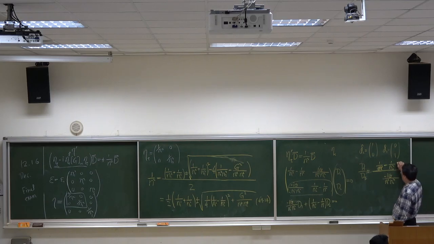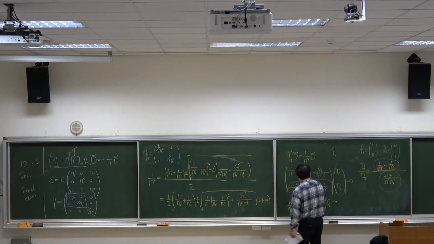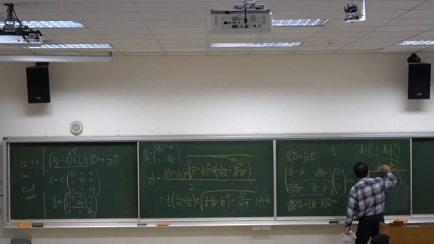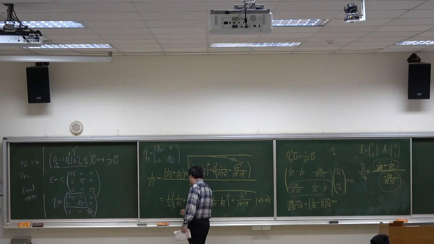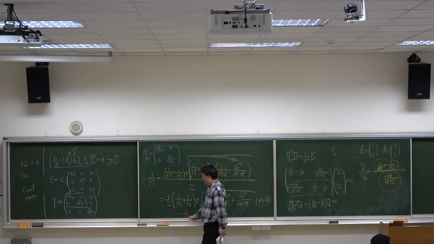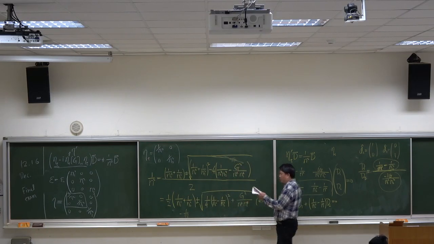So we can choose this as the d1 component and this as the d2 component. Okay. So what is this? If you subtract 1 over n2 squared, this becomes 1 over n1 squared minus 1 over n2 squared.